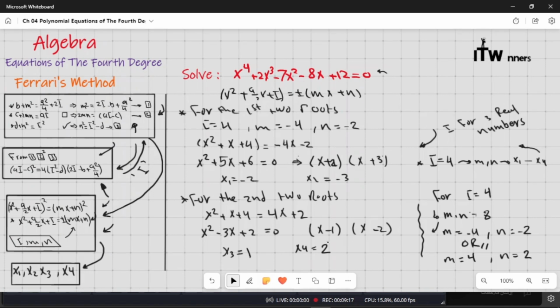Okay, we just don't stop here. We must make sure these roots are the roots of this equation, okay? As we act here with I equal to 4, so just substitute with 1.